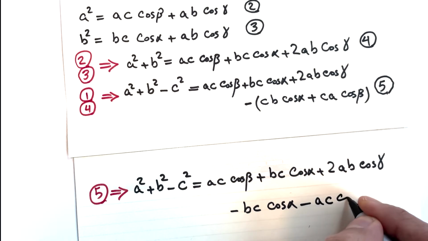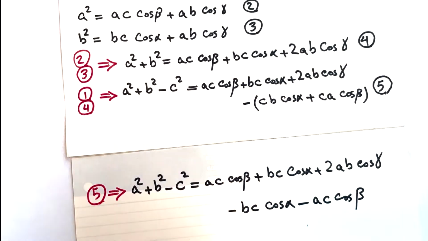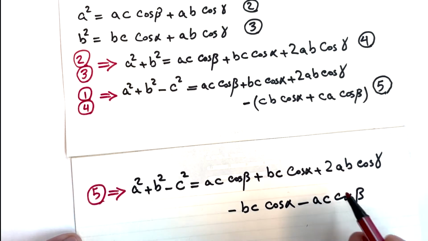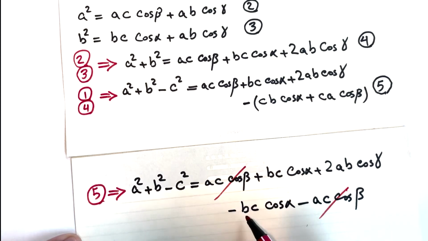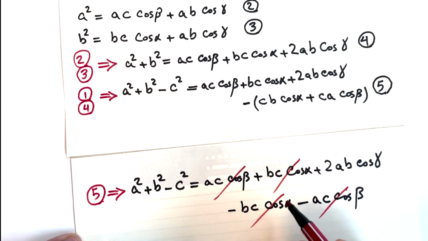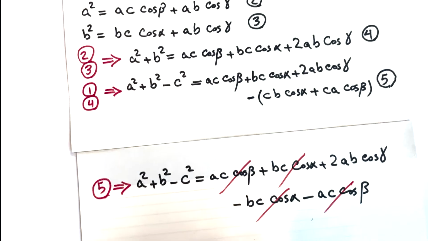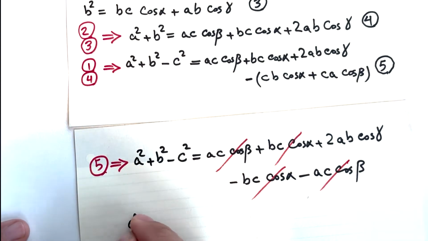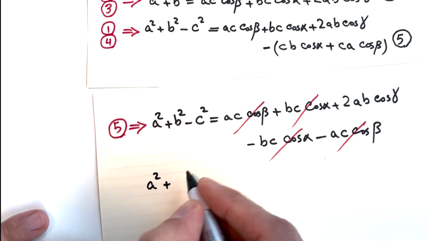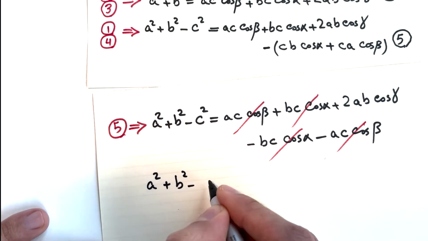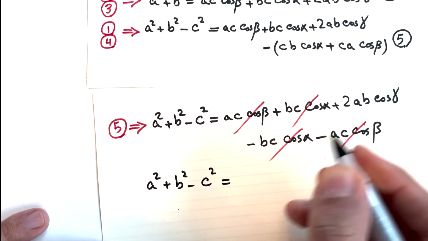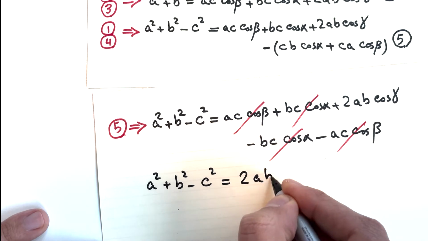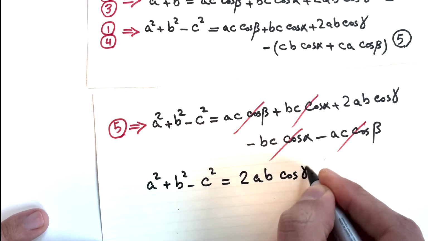Now if we cancel out ac cosine beta with ac cosine beta, and bc cosine alpha with bc cosine alpha, I will have a square plus b square minus c square is equal to 2ab cosine gamma.